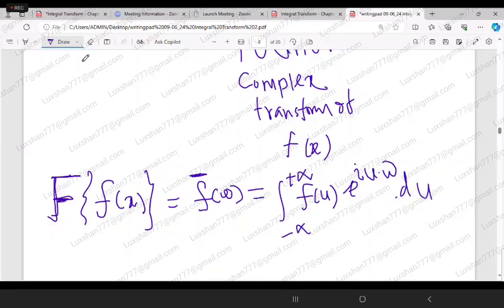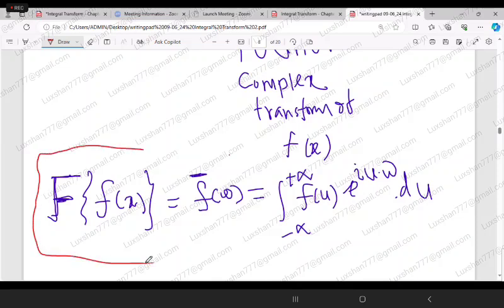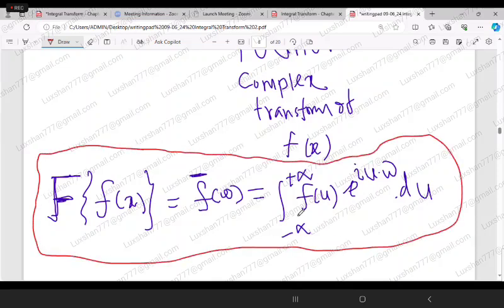This is the definition of the Fourier complex transform of the function f(x).